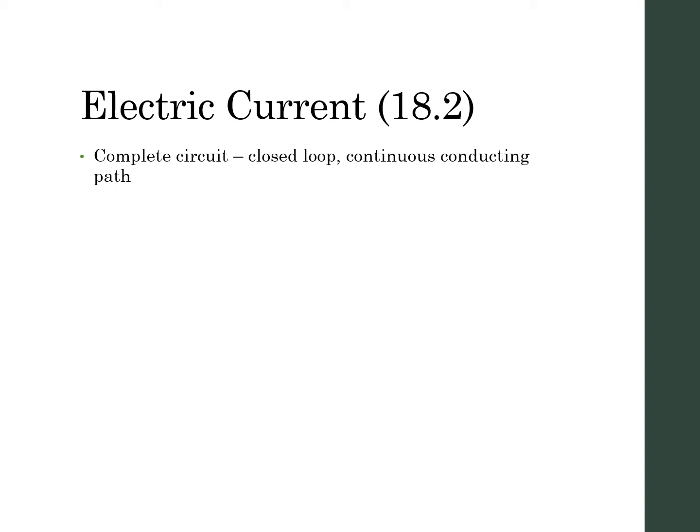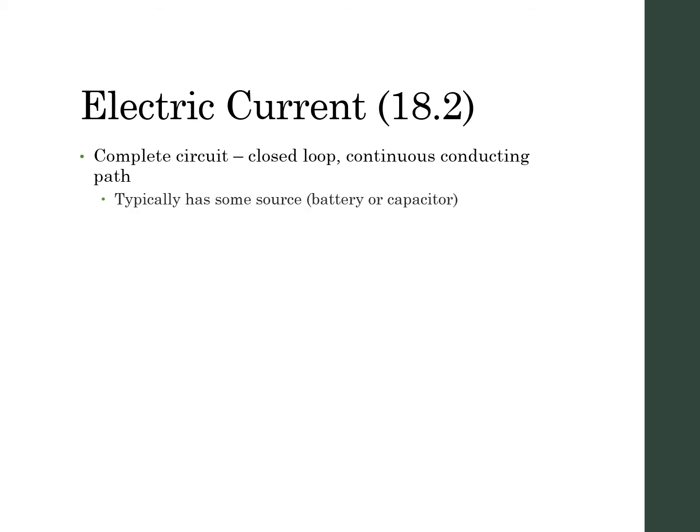And the reason we want this nice continuous conducting path is we can actually sit there and measure the current for a longer period of time. It's not going to be some really short, the charge is moved, we're done type thing. We can continuously measure the charges through some amount of time.